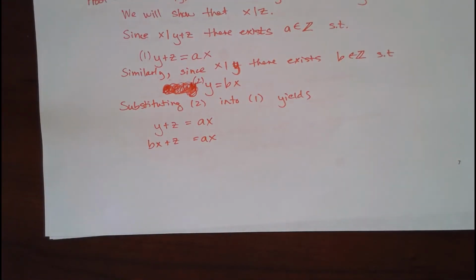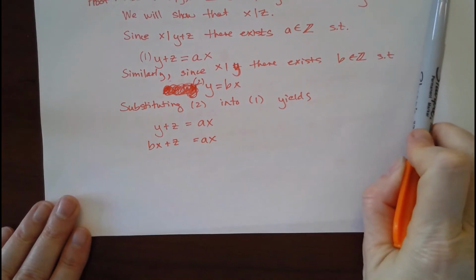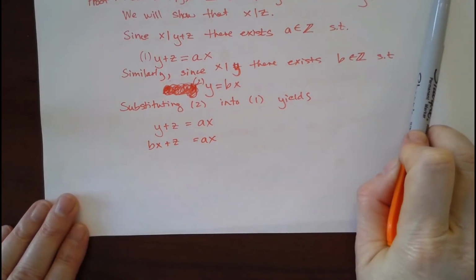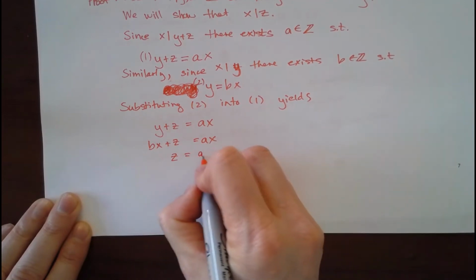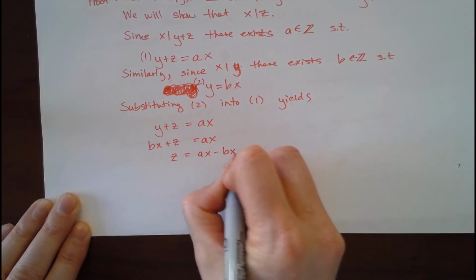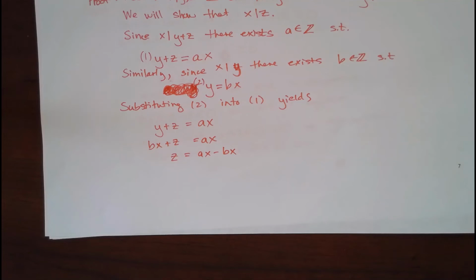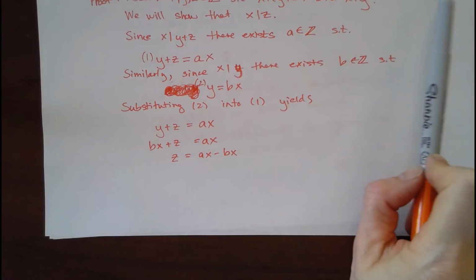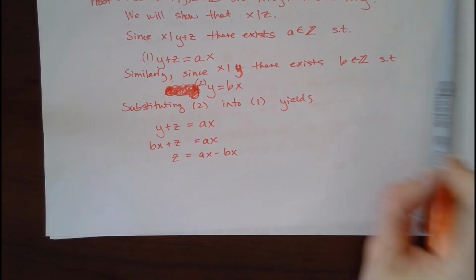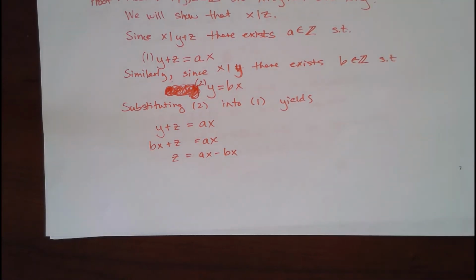And then since I'm trying to make an argument about z, I probably would like to isolate z. So if I solve that for z, I'll get ax minus bx. And remember, if x divides z, then we want to be able to write z so that it's some integer times x.